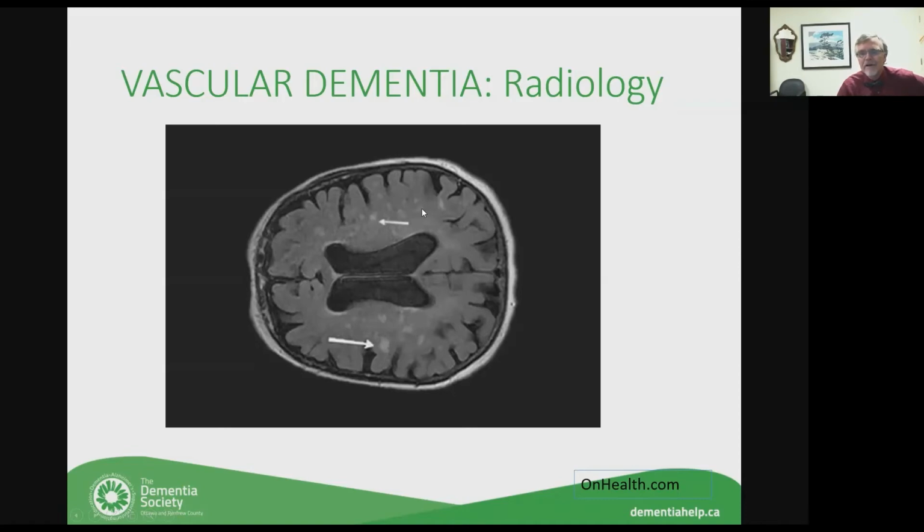These are parts of the brain that have not had sufficient oxygen flow and that are starting to show cell death. So when we talk about microvascular disease showing up on a CT scan or an MRI scan, these are the images we're talking about.